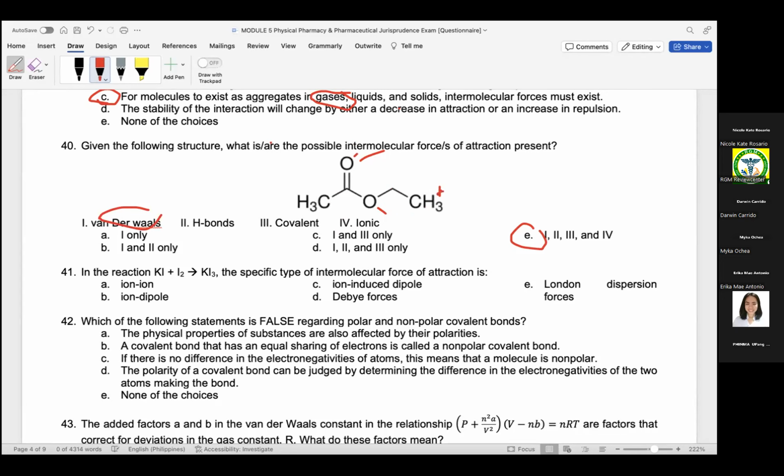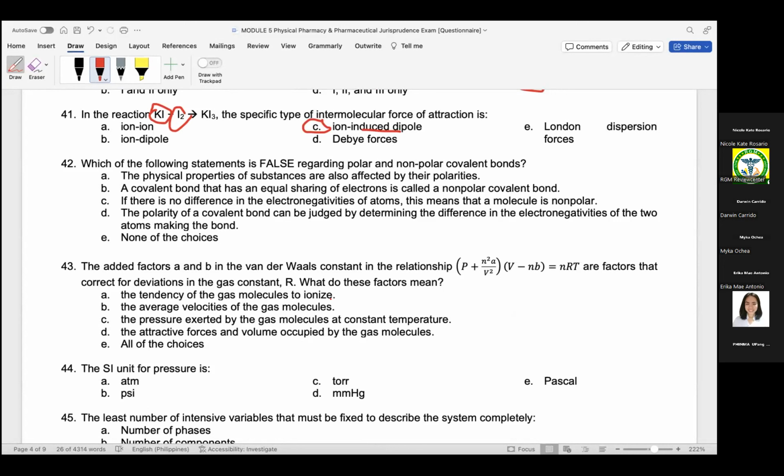Number 42. Which of the following statements is false regarding polar and non-polar covalent bonds? A, the physical properties of substances are also affected by their polarities. That is true. Usually, yung mga polar, matataas ang boiling point ng mga yan. So, that's a physical property compared to non-polar substances. B, a covalent bond that has an equal sharing of electron is called non-polar covalent bond. That is also true.